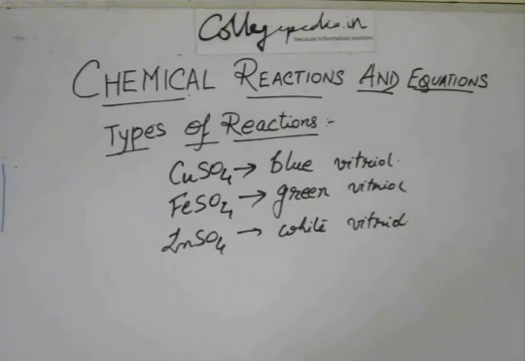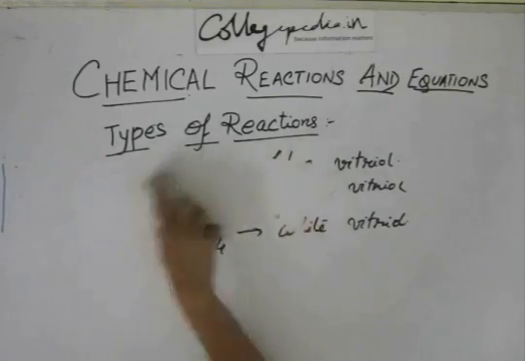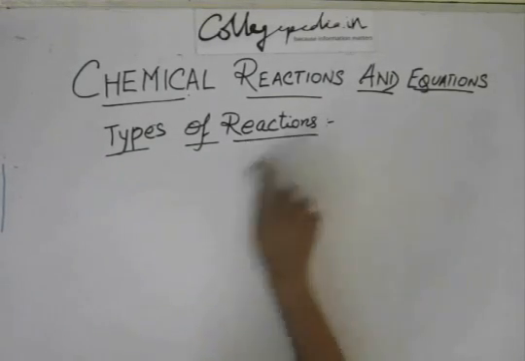Just for your information, maybe they can ask sometime to write the formula of blue vitriol, or they can ask in the question that iron reacts with blue vitriol. So you have to know what is called blue vitriol for answering that question. So these are just a few facts.